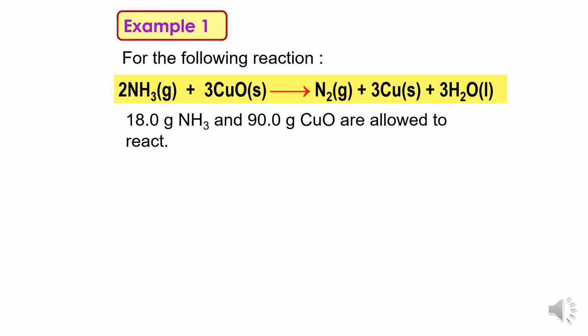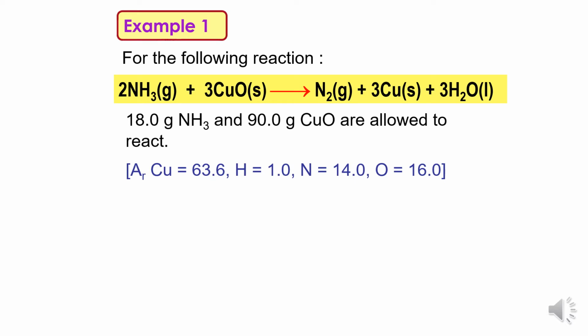Given here, 18 gram ammonia and 90 gram copper(II) oxide are allowed to react. Also given, relative atomic mass: copper equals 63.6, hydrogen 1.0, nitrogen 14, and oxygen 16.